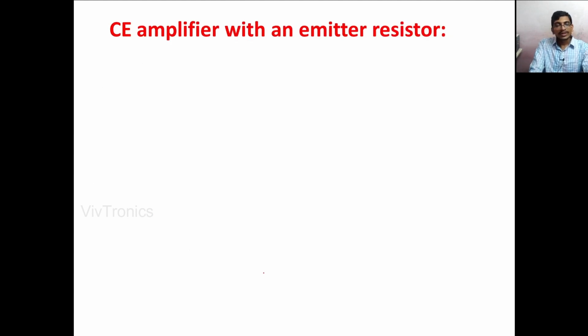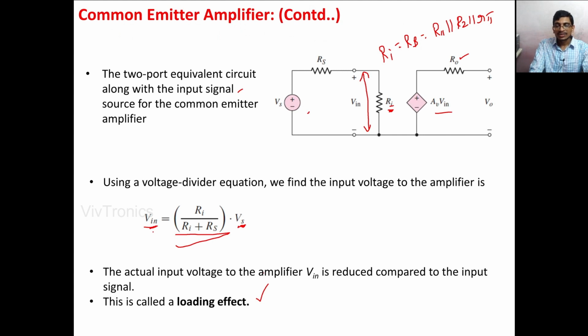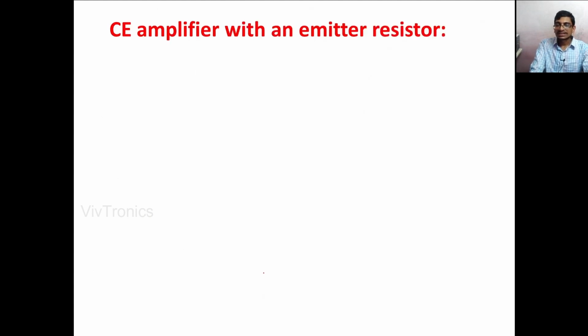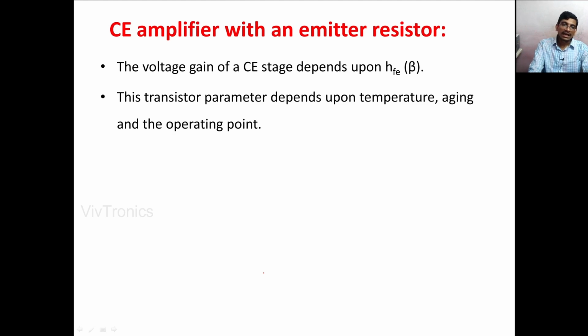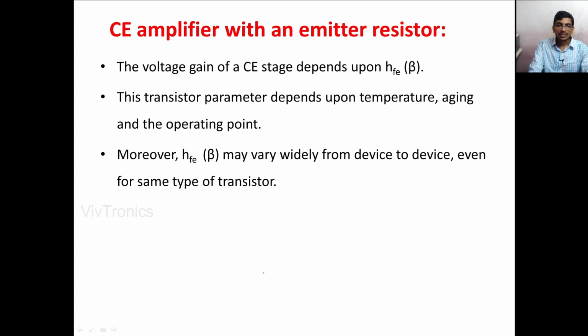Now we are going to see the analysis of a CE amplifier with emitter resistance. In the previous circuit we don't have any emitter resistor, the emitter is directly grounded. The voltage gain of a CE amplifier depends upon HFE, which means beta, and the transistor parameters depend upon the temperature, aging and the operating point too.